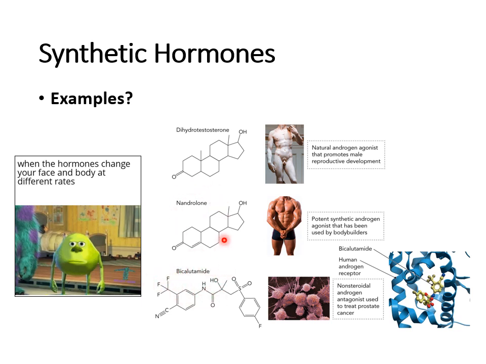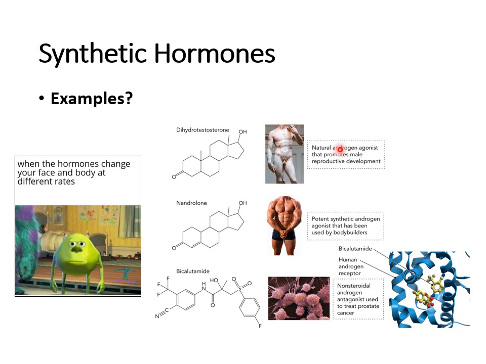So first we have nandrolone. This, as it says here, is a potent androgen agonist. And so when something is an agonist, that basically means that it can bind to the same receptor and trigger the same reaction or cascade that the intended ligand would do.